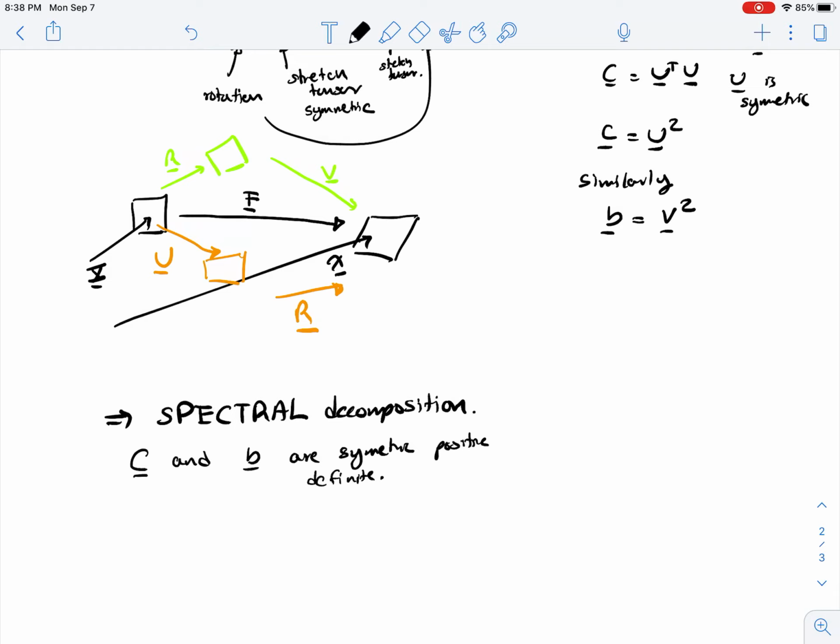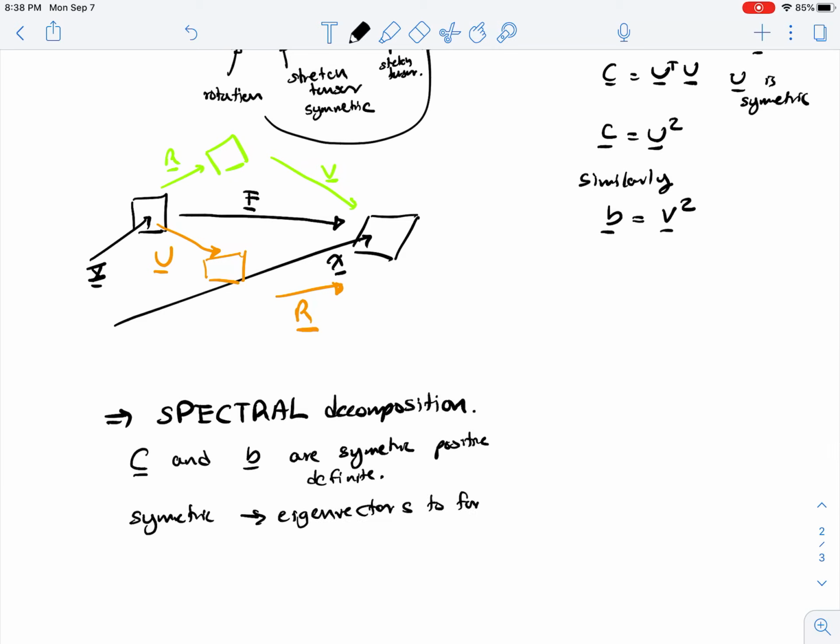And what you had to do in the homework was to find the eigenvalues and eigenvectors of this type of tensors. And when you have a symmetric tensor, that means that you can always pick the eigenvectors to form an orthonormal basis.